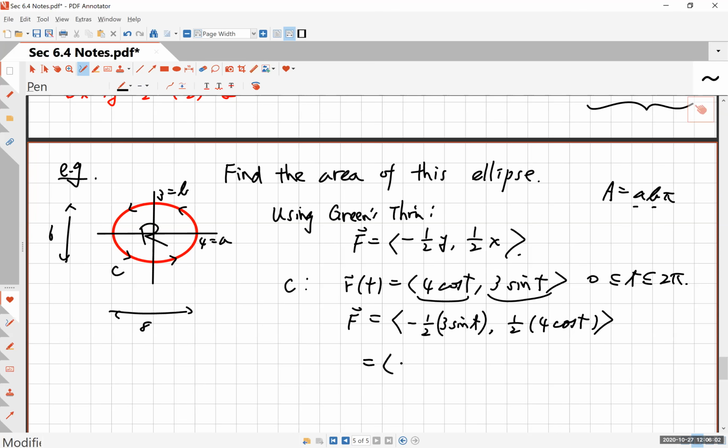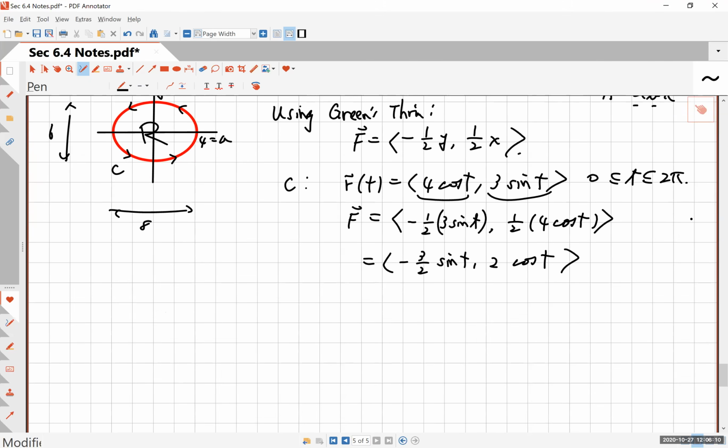Let's simplify this. Negative 3 halves sine t, 2 cosine t. This is my vector field F restricted to the points on the ellipse. Now r prime, remember eventually I have to dot these, is negative 4 sine t, 3 cosine t.